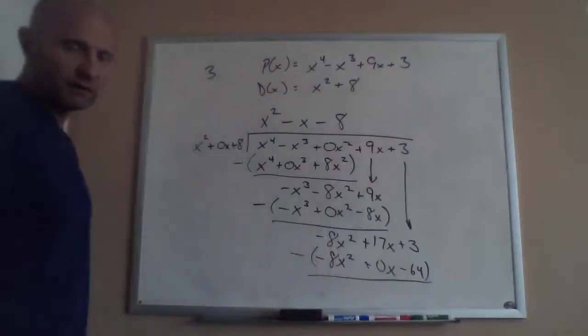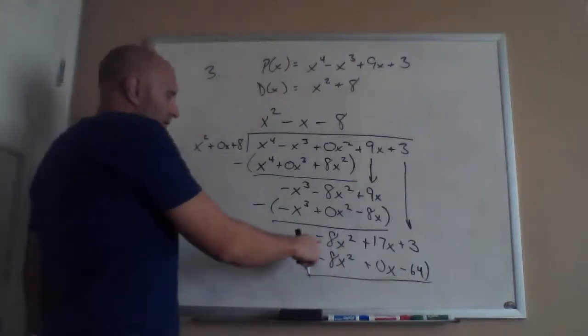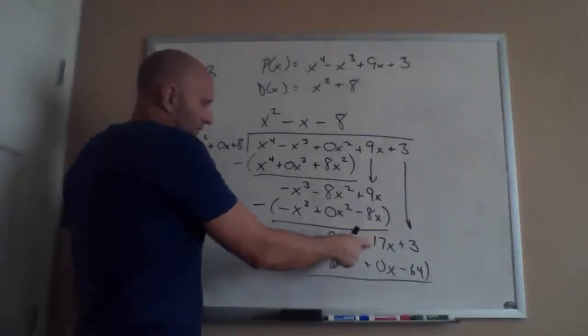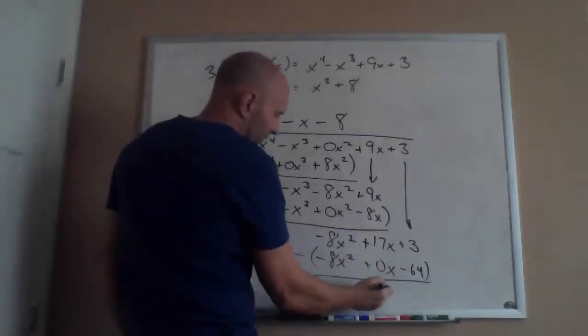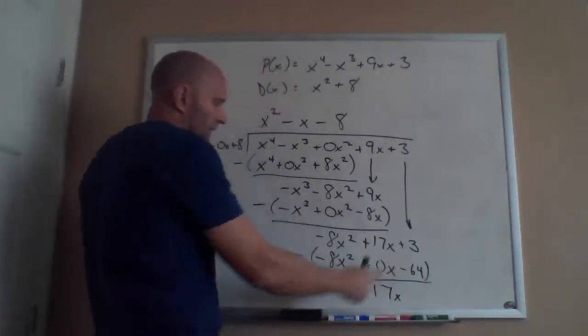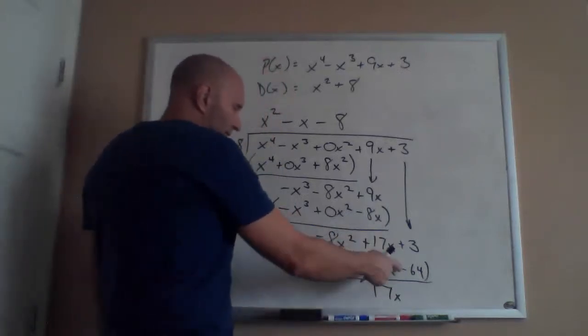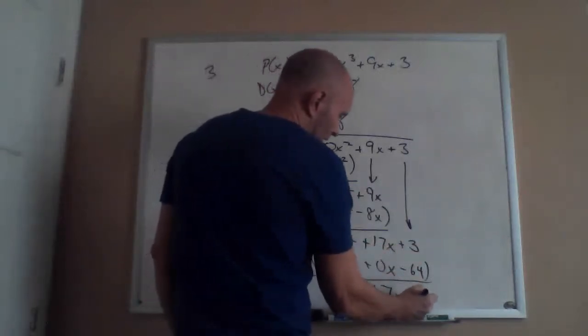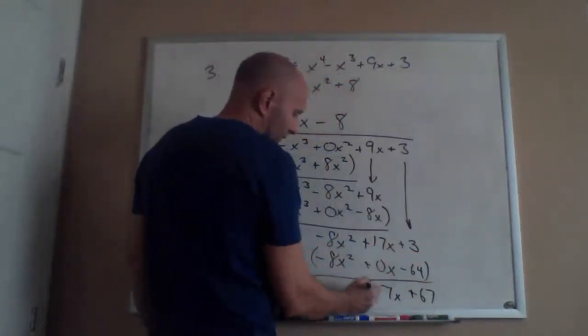And we are subtracting this whole line. So negative 8x squared plus 8x squared gone. 17x minus 0x, 17x. 3 minus negative 64 is like 3 plus 64. So that's plus 67.